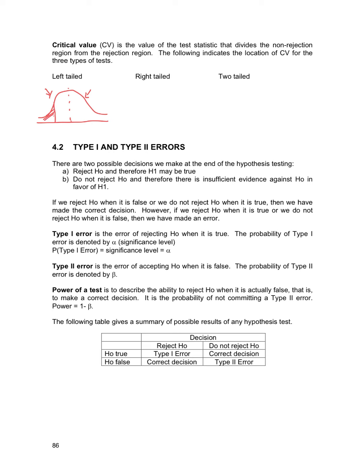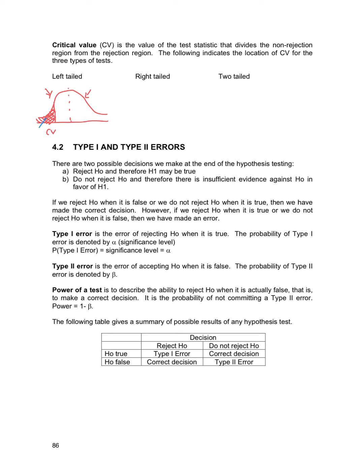I want to highlight it. This is our critical value that we get from the table. So if it says left tail, you need to focus on the left side. The shaded part is what we call the rejection region.